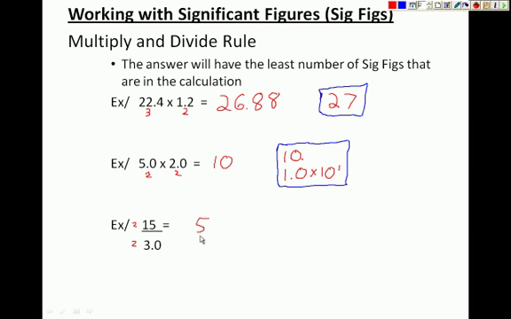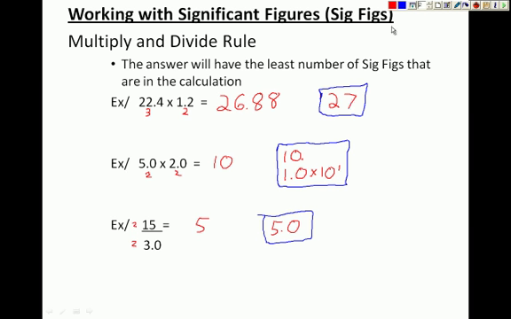Now 5 is, again, 1 significant figure. So we need to change 1 significant figure into 2 significant figures. And we just add 5.0. Okay, so those are our 3 answers for these 3 problems right here.